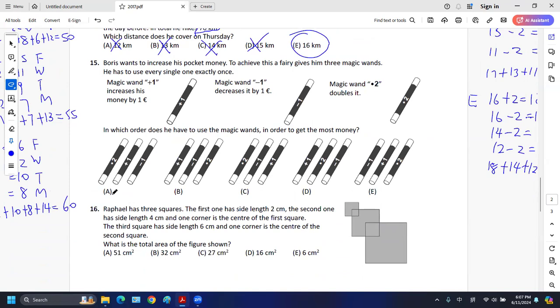So here, first times 2, but we're going to start with 0. Times 2 plus 1 minus 1 equals 0. Now plus 1 minus 1 times 2 still equals 0.